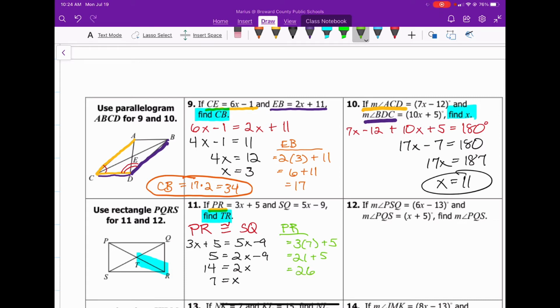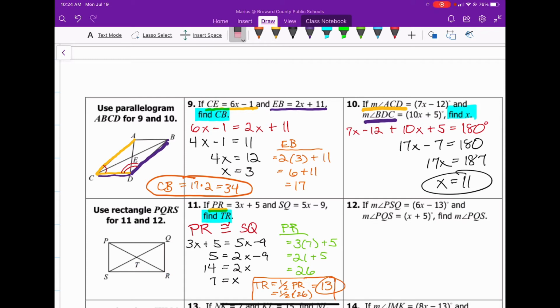And then in order to figure out what TR is, it is equal to half of PR, which is equal to 1/2 of 26, which is equal to 13. So TR is equal to 13.